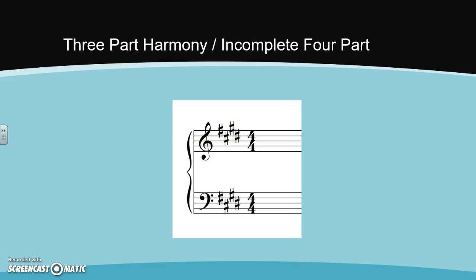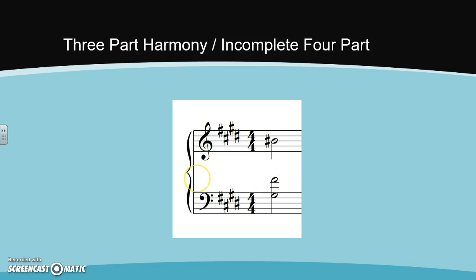So the 5th of C sharp is G sharp. So we need G sharp, B sharp. I'm going to omit my D sharp, but I'm going to make sure that I get my F sharp. So we have G sharp, B sharp, and F sharp.